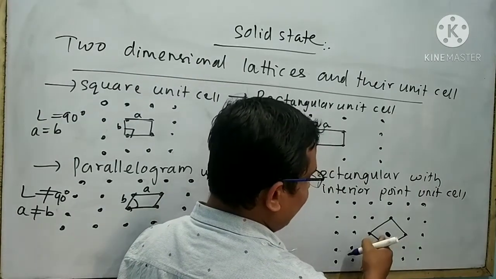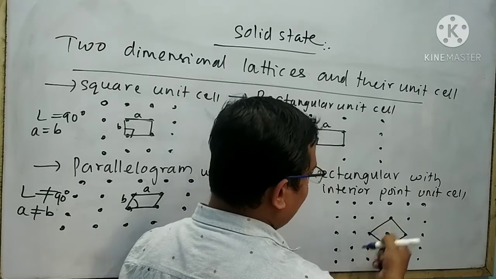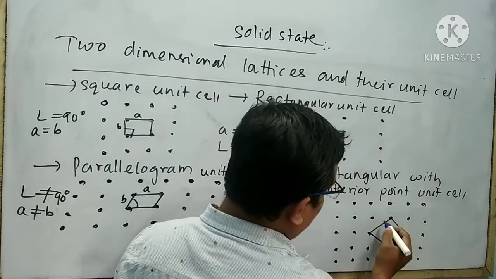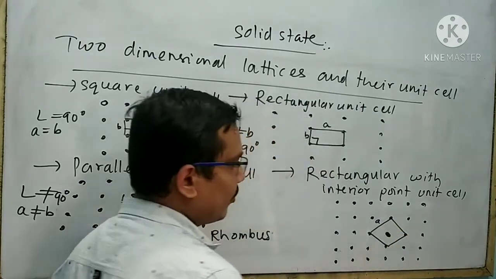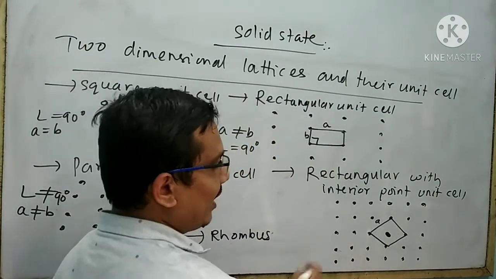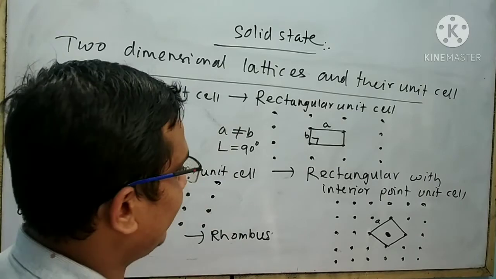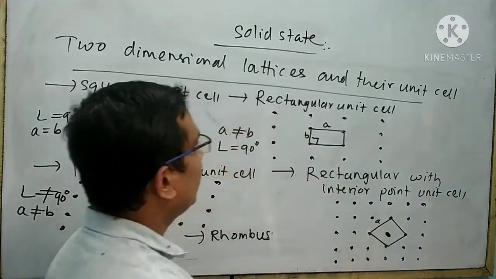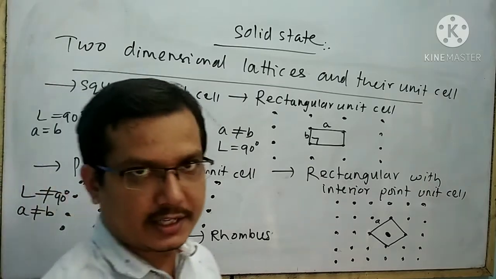Here one constituent particle is present in the center of the rectangular geometry. Here A is not equal to B, but the angle is equal to 90 degrees. By repeating this unit, you can form the crystal lattice.